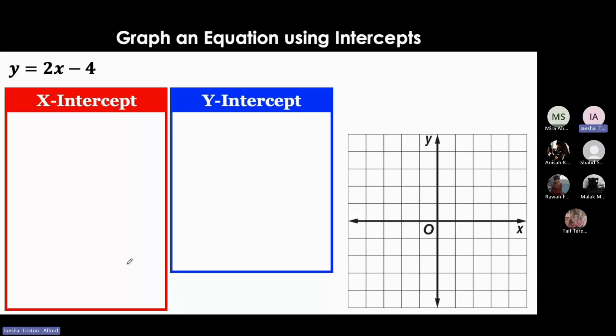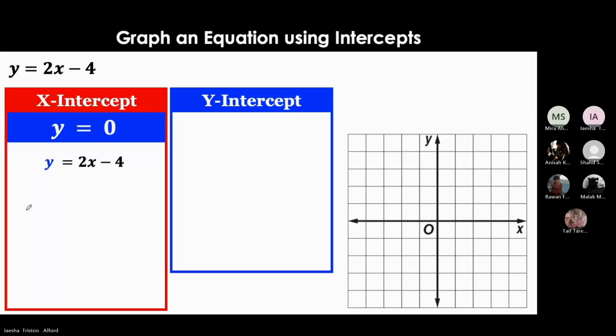So this question, we have x-intercept, cross x-axis, and what? Y equals 0. So the equation they give us, y equals positive 2x subtract 4. We write it. We're not writing y. We're putting what number there? 0.